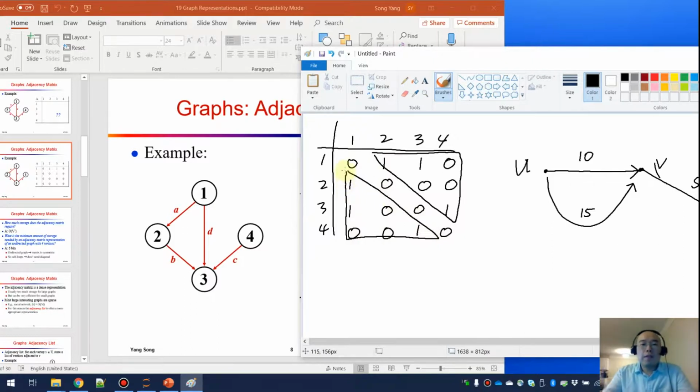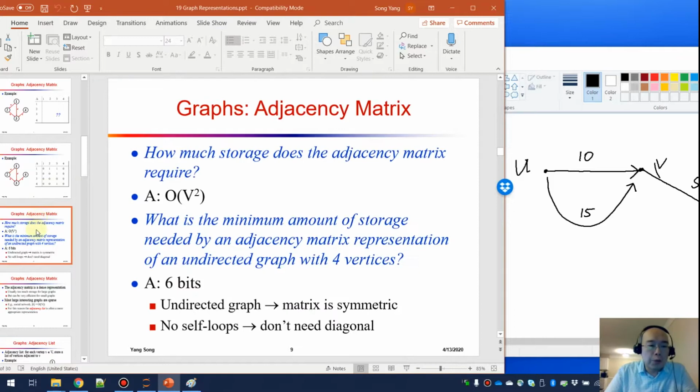Because they are symmetric, and the diagonal values are all zeros. So in this case, we only need to store a total of 6 digits. We can either pick the upper half or the lower half, but anyhow we only need to store a total of 6 binary digits.